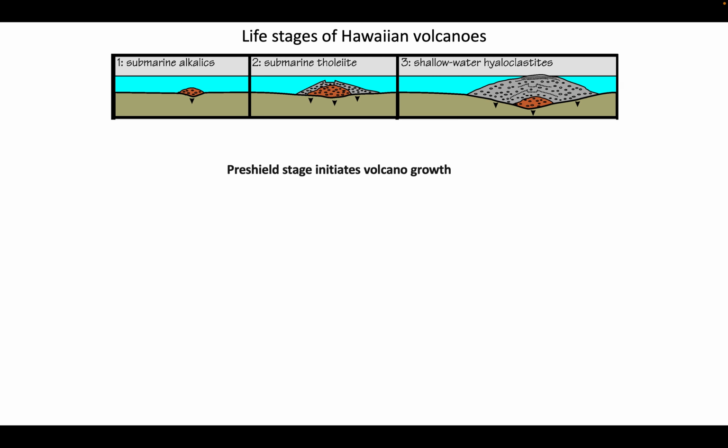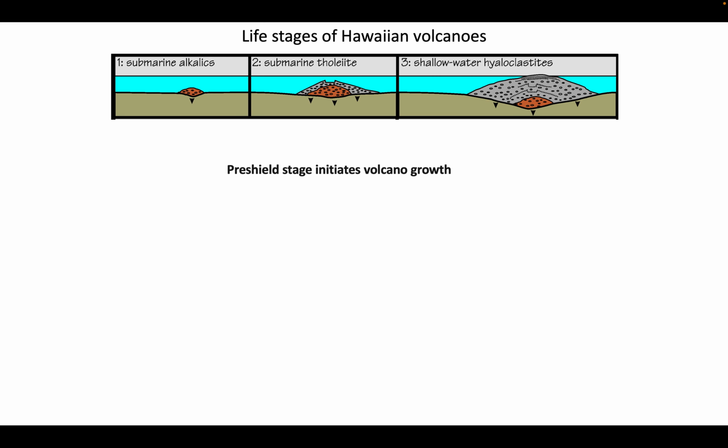The pre-shield stage lasts for about 200,000 years, yet produces only a small portion of the final volume of the volcano. As the volcano grows, the composition of lava changes, and eruptions become more frequent and voluminous. When the transition is complete, the volcano enters the shield building stage. The only current example of a pre-shield stage volcano is Kamaehua Kanaloa.